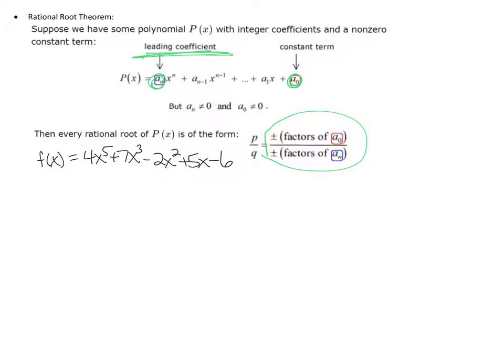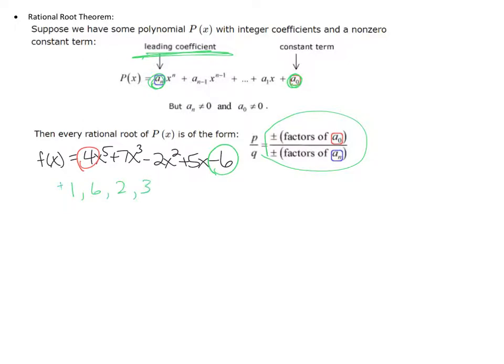So I'm going to take my constant and my leading coefficient. I'm going to come up with factors of our constant. So factors of 6 are going to be 1, 6, 2, and 3.